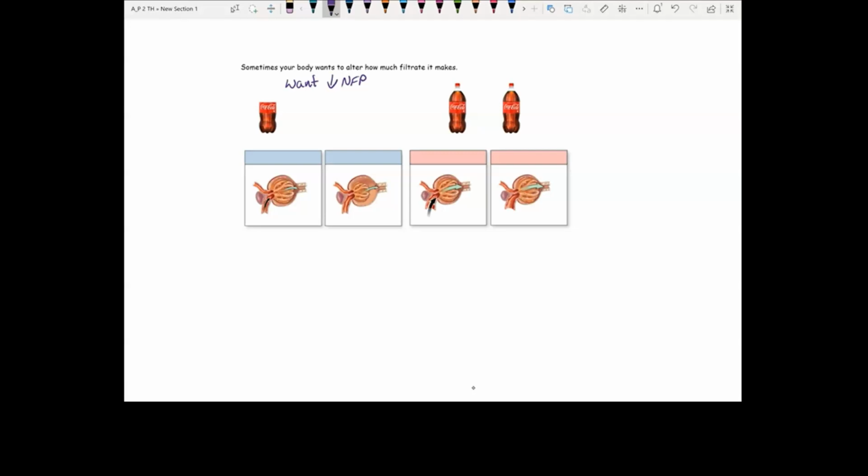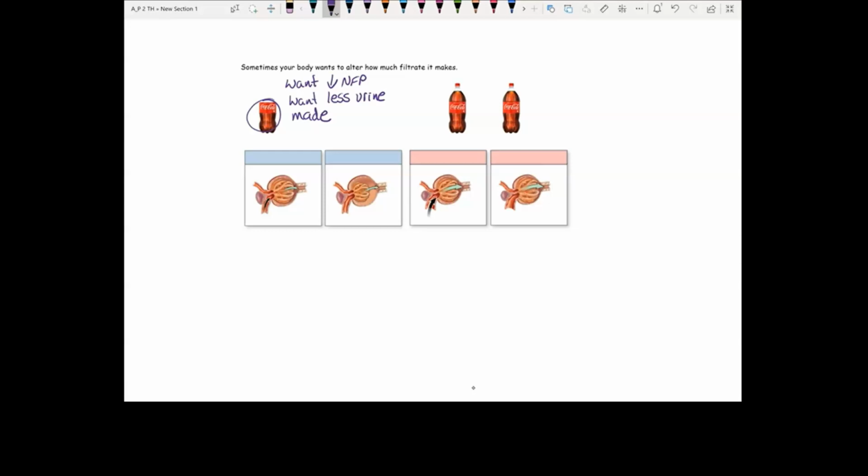Normally you make 2 liters of urine a day. Now we want to have less urine. Notice it's only a partial Coke bottle. So we want less urine produced. So your body has changed its goal. Instead of the normal 2 liters of urine, your body wants less urine being made.